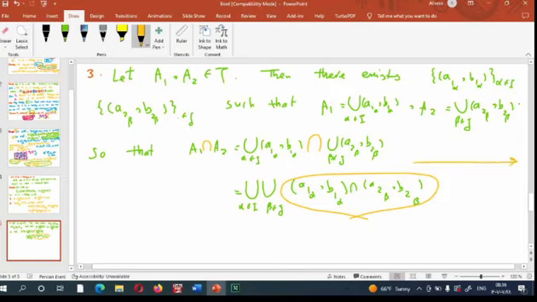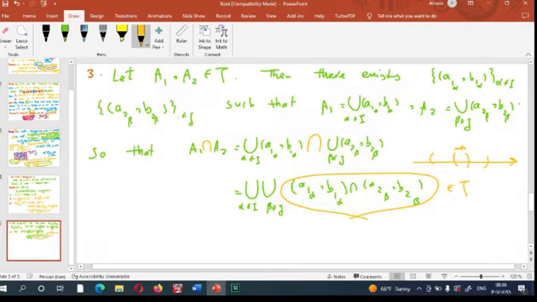Its intersection may be empty set or again an interval, okay? So that this intersection is written as a union of intervals again, so that this is an element of tau.